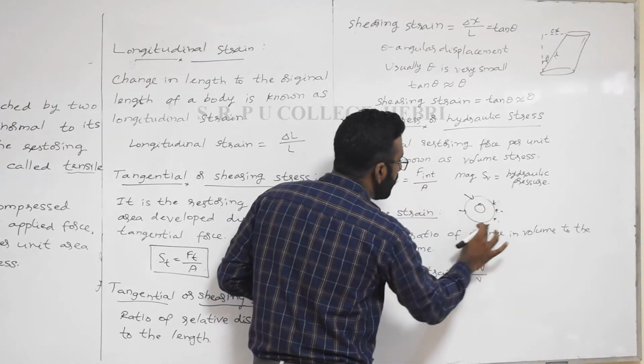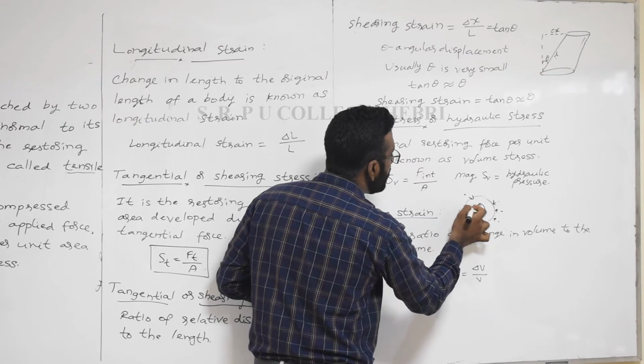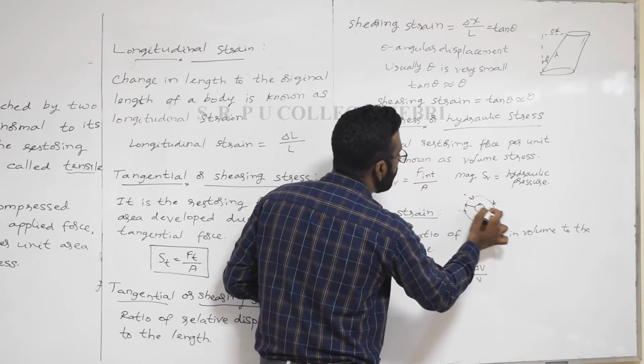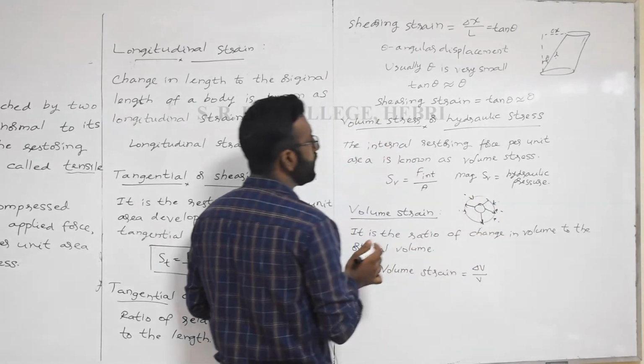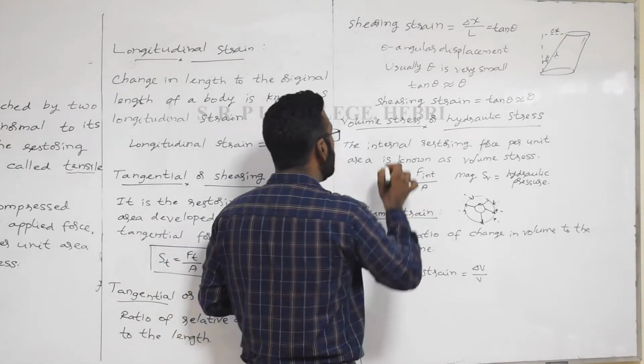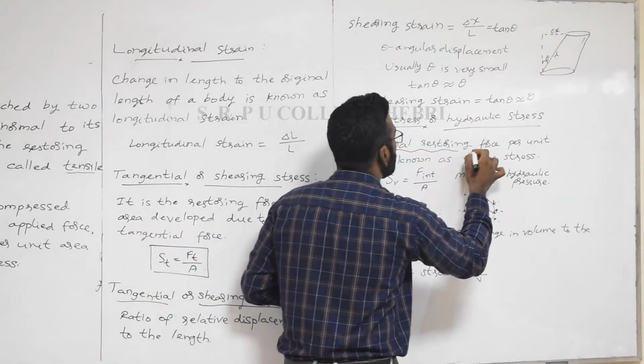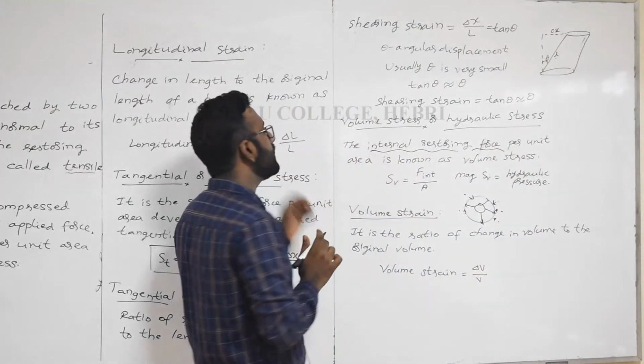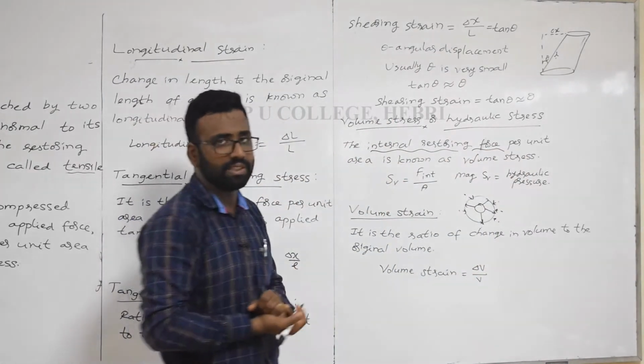When I remove all these forces, it comes back to the original shape, right? It comes back to the original dimension. Therefore, the internal restoring force per unit area is known as volume stress.